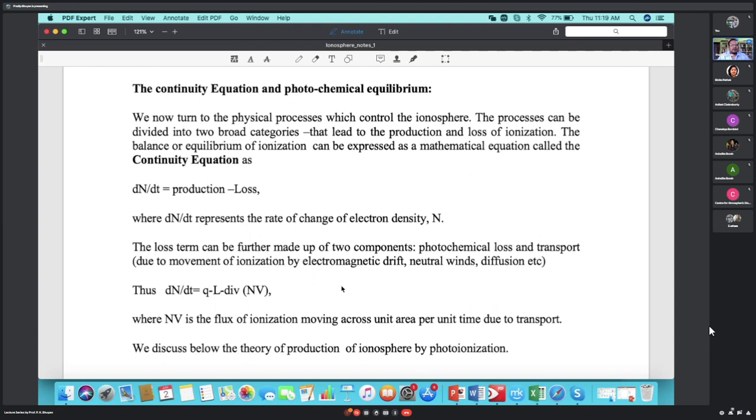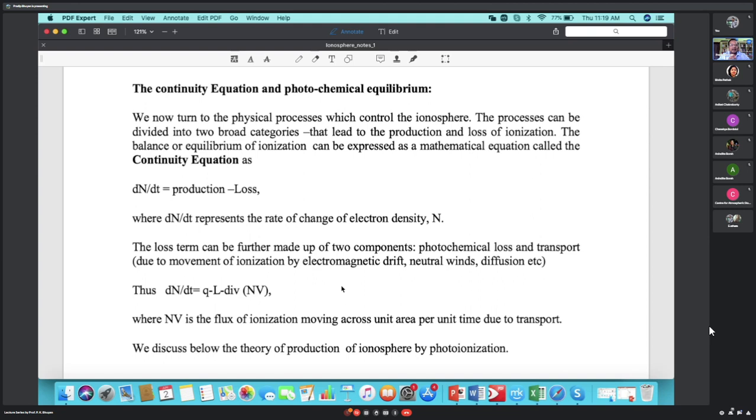So the plasma which you created by ionizing radiations in O or O2 or N2 medium, these ions or electrons, whatever is generated, will remain the same. They will recombine, so you will have only production minus photochemical loss, these two terms.